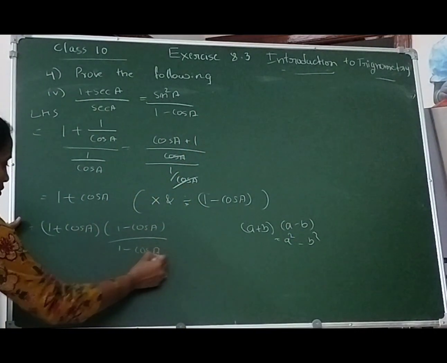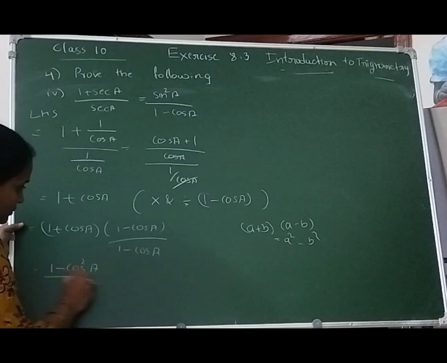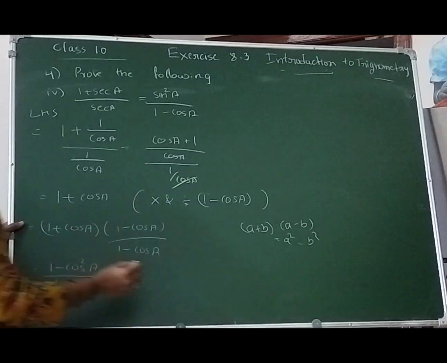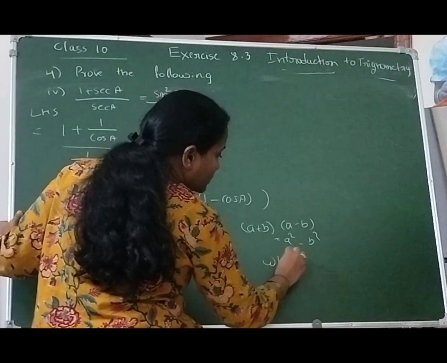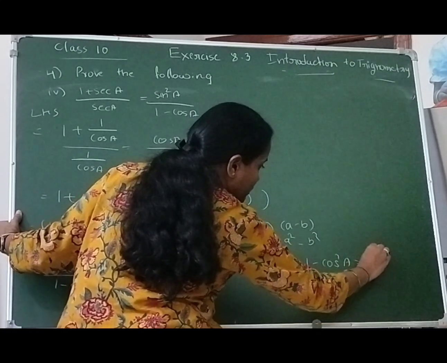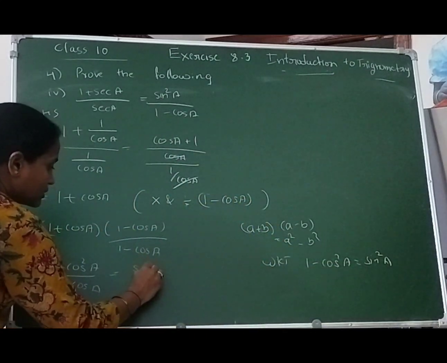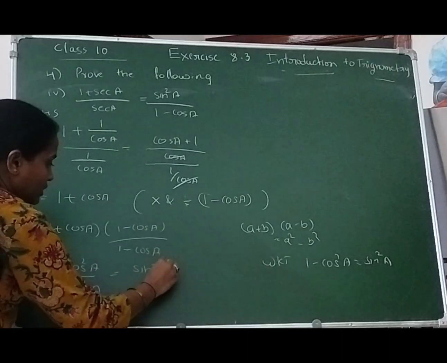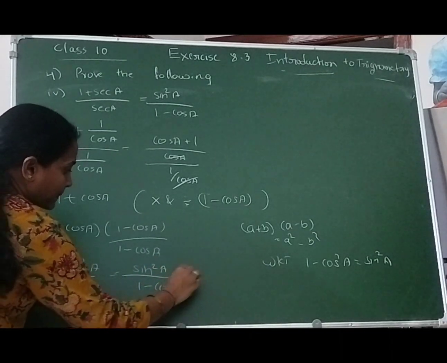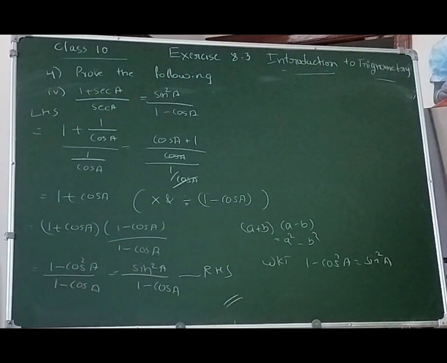So by using that, it will reduce to (1² − cos² A)/(1 − cos A). So using the identity, which we know, 1 − cos² A is equal to sin² A. It is from sin² A + cos² A = 1. So it reduces to sin² A/(1 − cos A). So that is our RHS. Hence, proved.